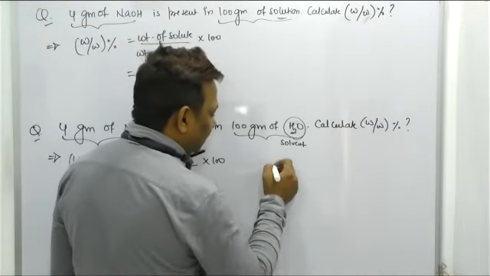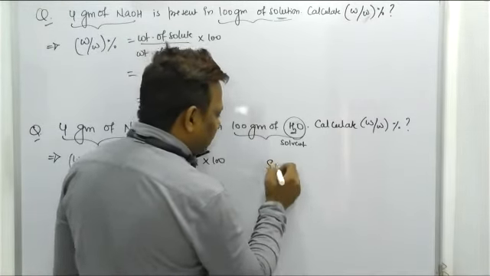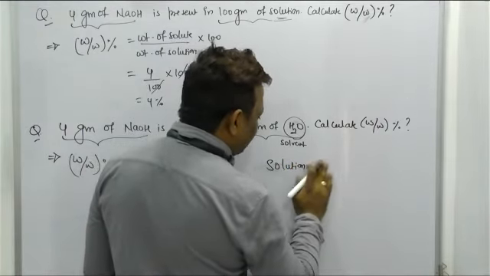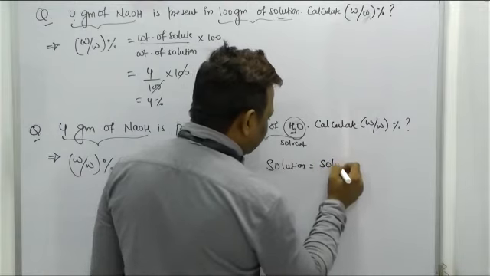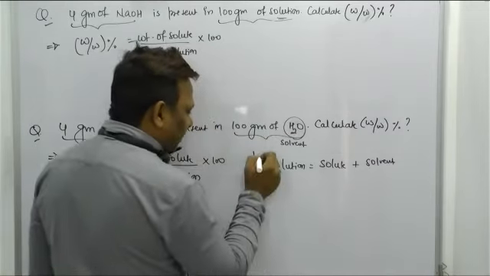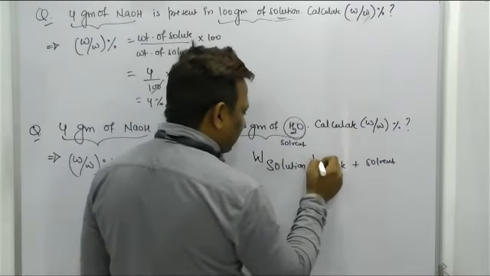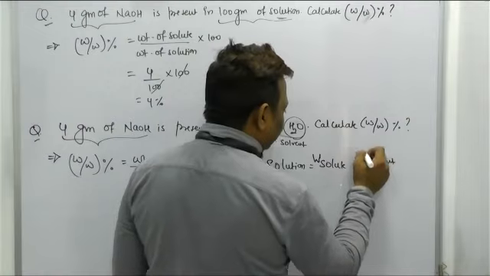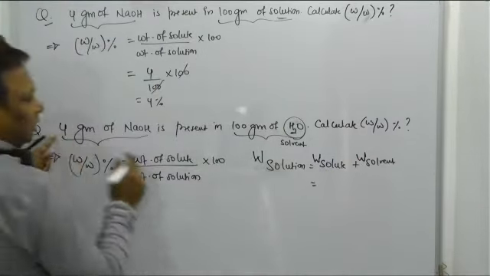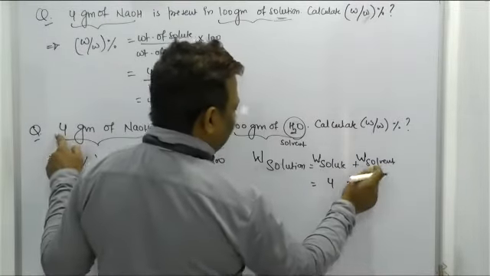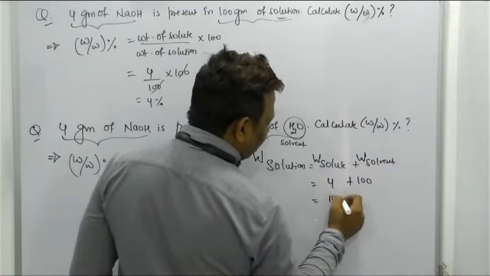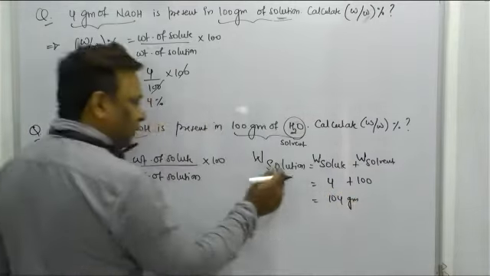Do you remember, beta, just now we wrote a solution is made up of two components, one the solute and the other the solvent. Can we write weight of solution is equal to weight of solute plus weight of solvent? 4 gram plus 100 gram, it is equal to 104 gram, the weight of solution.